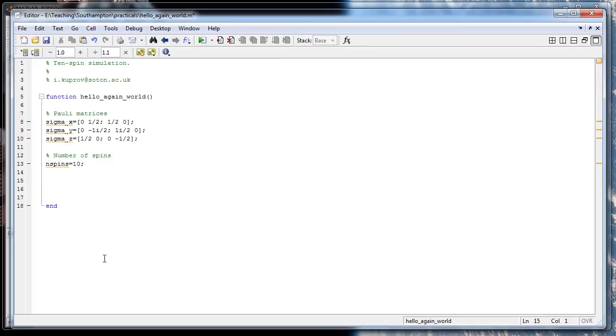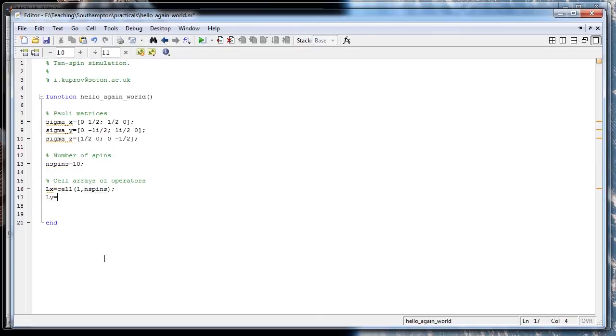So why don't we make some cell arrays of operators. So our Lx operators, all of them, will be a cell array which will have one row and n spins columns, so 10 columns in our case.